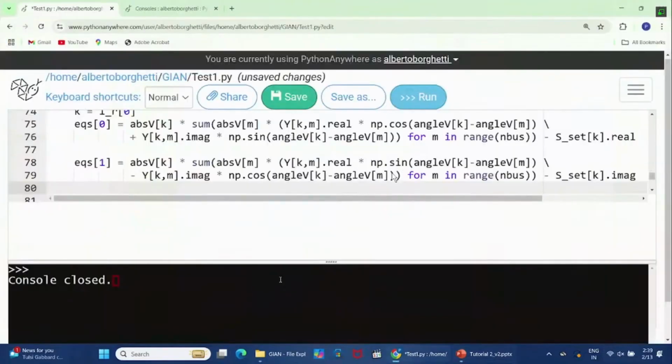We need just to say that the magnitude of the voltage in the receiving bus is 1 in per unit, it is the rated value, and the angle is 0. So we put also these two equations here, or residuals. Equation 2.